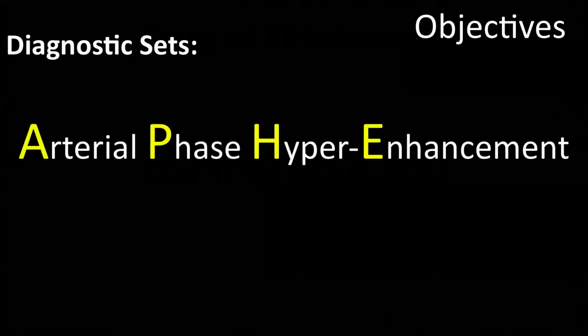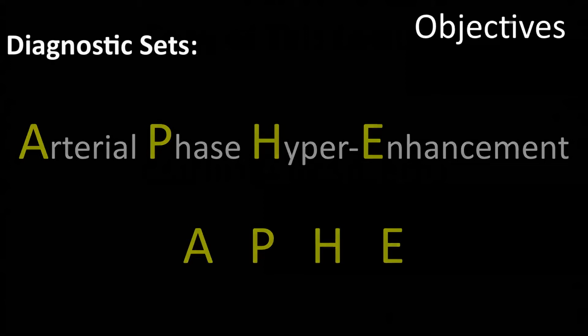Okay, so the objectives for today are to review some diagnostic sets that will help us with an algorithm approach to liver lesions. And for today's approach, I'm going to emphasize arterial phase hyperenhancement, which I sometimes refer to as AFI. So if I ever use the term AFI, I am talking about arterial phase hyperenhancement.